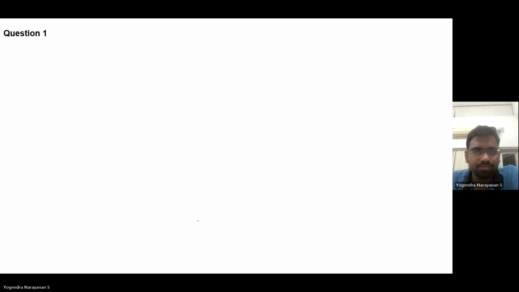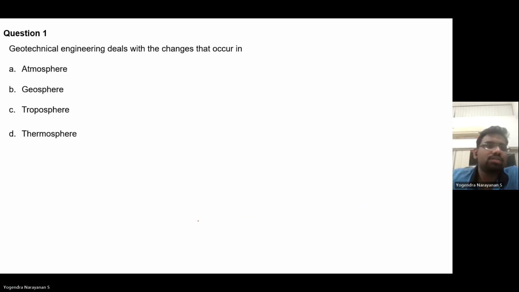So, question one: geotechnical engineering deals with the changes that occur in option A, atmosphere, option B, geosphere, option C, troposphere, and option D, thermosphere.